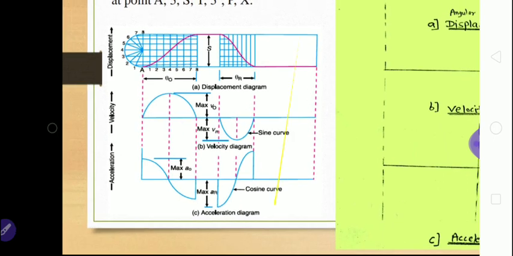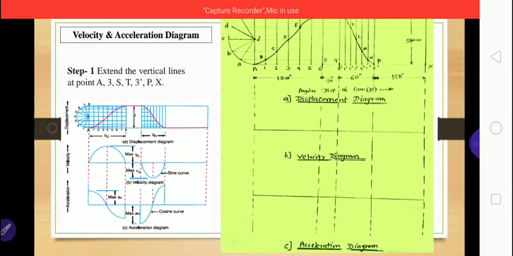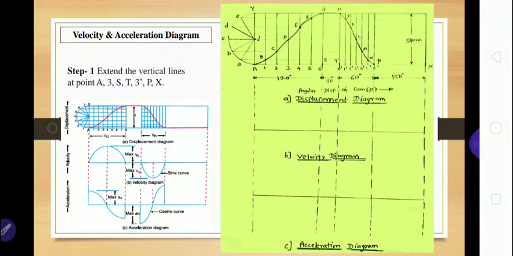For this nature, we need the maximum velocity v0, maximum velocity vr, that we have found already, and a0 and ar, the maximum acceleration during outstroke and return stroke, that we have also found already. Just we have to plot now. How to plot? Extend the lines of capital A, S, T, P, X in the velocity and acceleration diagram.